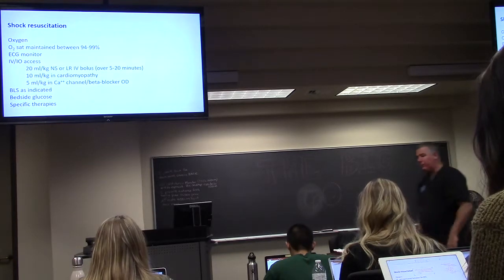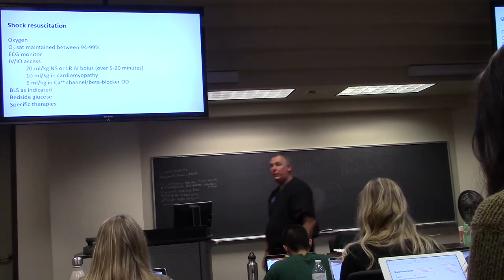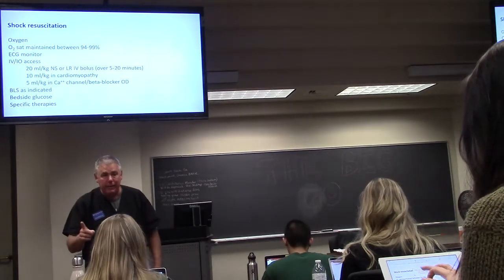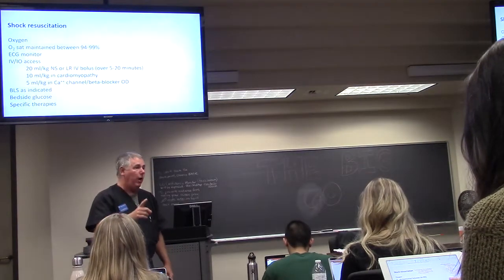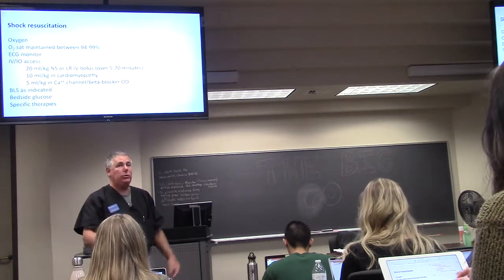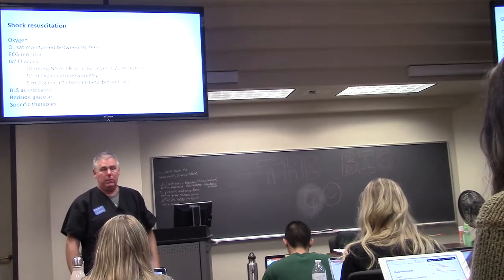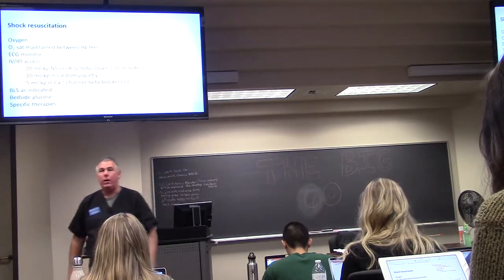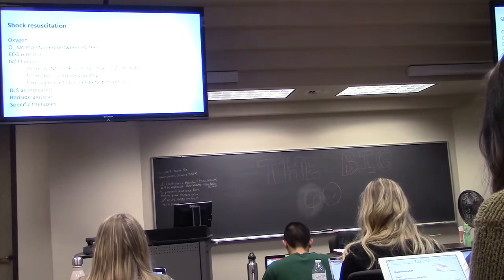And recheck the blood pressure. If the blood pressure did not come up, I'd do it again. But I'm only going to do it again after I've listened to your lungs. Why would I want to listen to your lungs? To make sure I'm not drowning you. If I'm pumping all this fluid into you, you need to make sure I don't drown you.